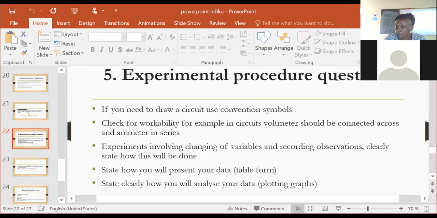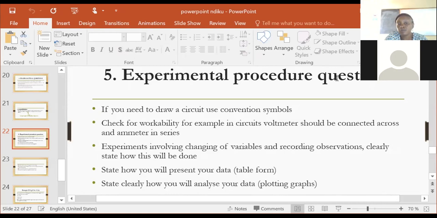Then you have to check for the workability of the instrument. When we are connecting, if it's the potentiometer, it should be connected across whatever you want to measure the PD. If it's the ammeter, it must be connected in series.